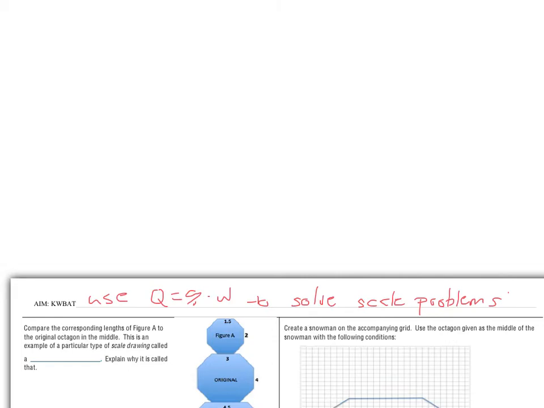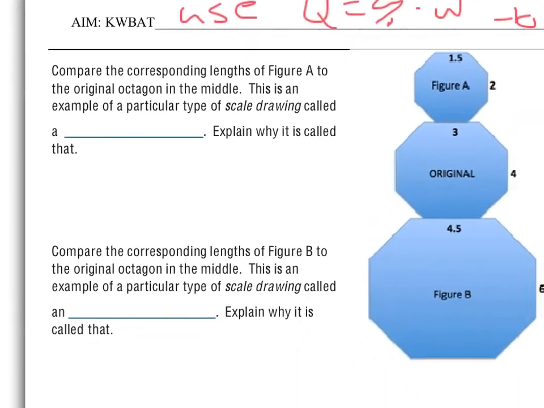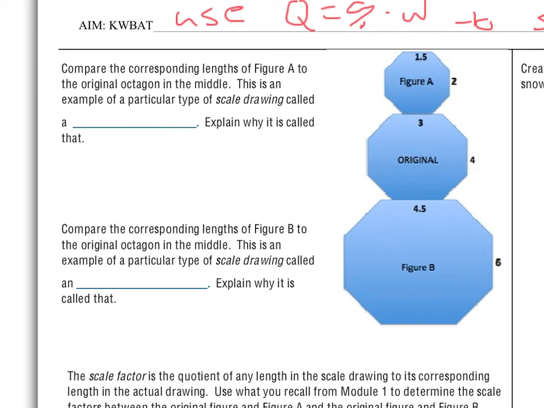Alright, so when we look at these particular drawings over here on the right, it looks kind of like they've created a snowman here, and we can see here that the original is here in the middle. So this first question is asking us to compare the lengths of figure A, so this one's figure A, to the original octagon in the middle.